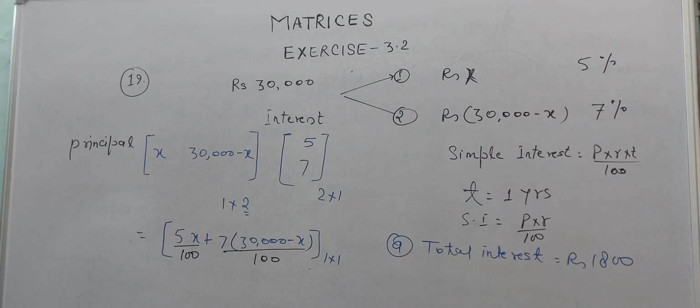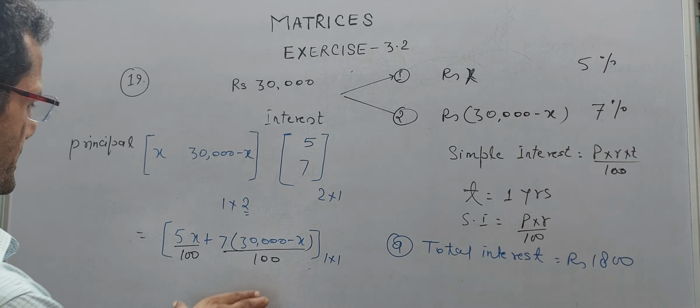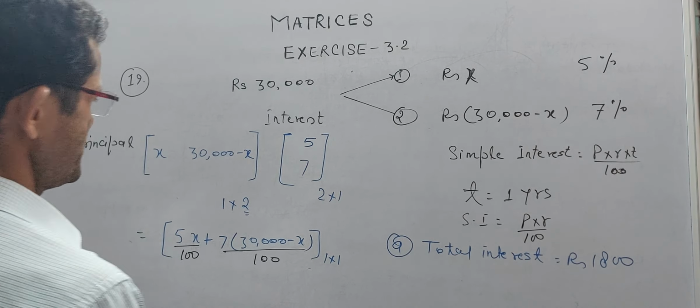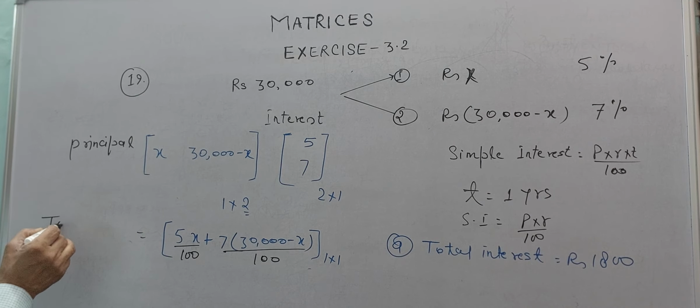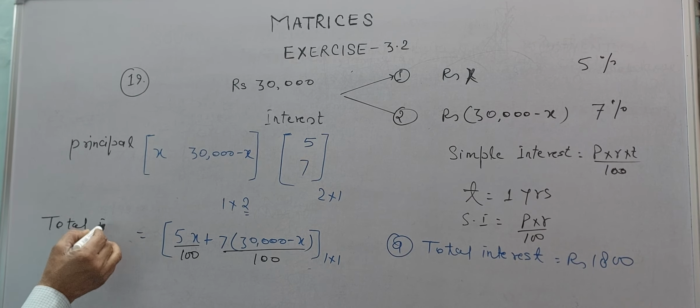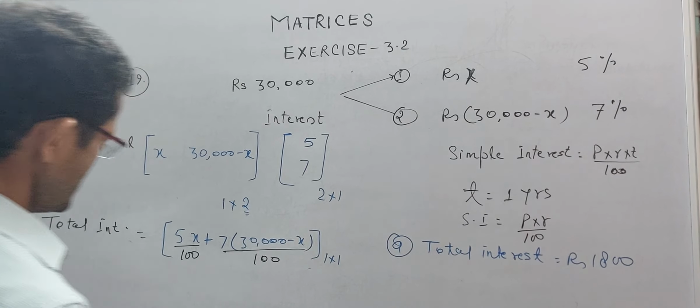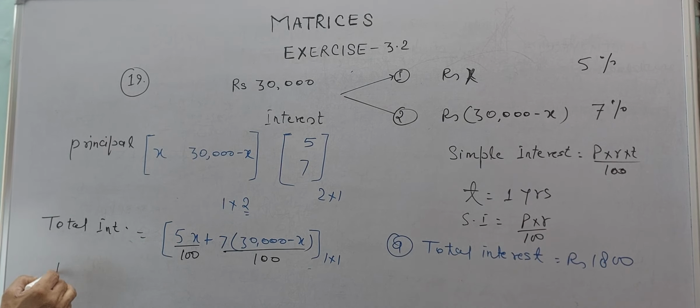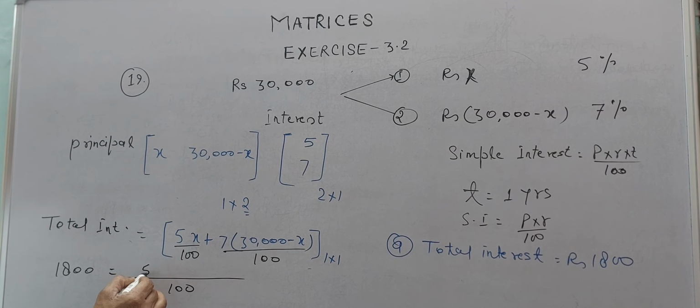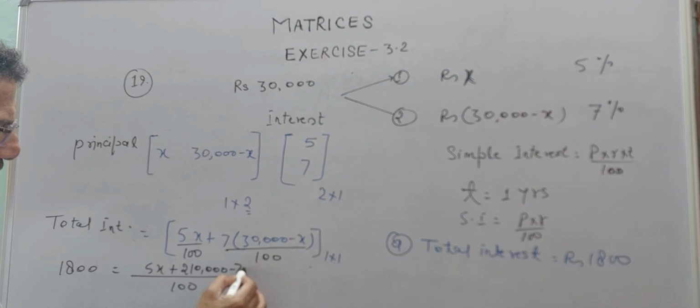Now according to the question, this is the total interest. Let us suppose it is given that the total interest is 1800, putting the value of 1800 equal to, taking the LCM of 100, 5x plus 7 into 210,000 minus 7x.